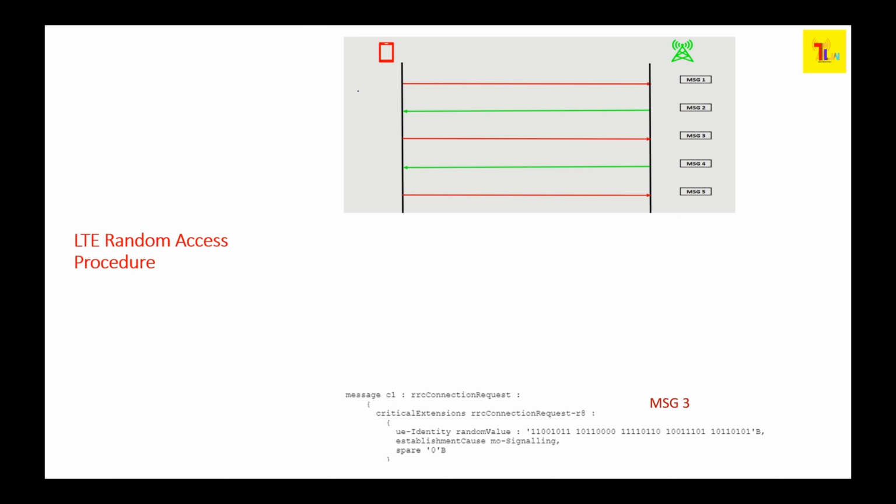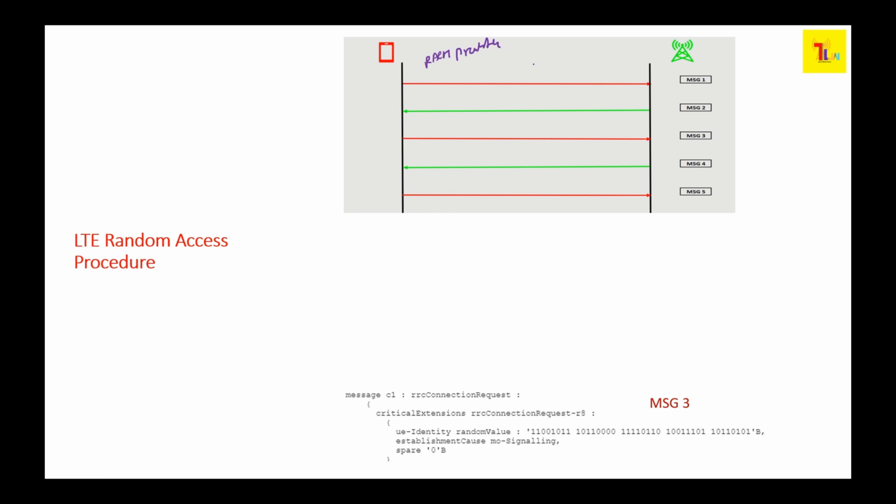Whenever you perform the RACH, message 1 is going to be sent by the UE. In a very simple manner, you can say the UE will send the PRACH preamble, or RACH preamble.